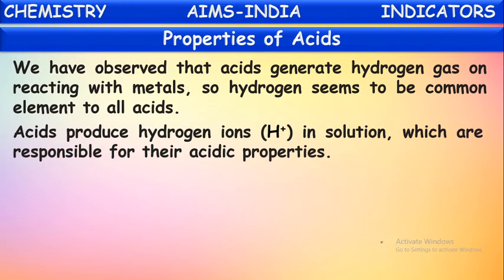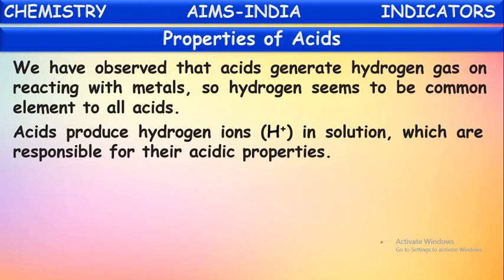Acids produce hydrogen ions in solutions, which are responsible for their acidic properties. As we told, these acids have hydrogen in common. So when these acids dissolve into water, or form a solution, they liberate H plus ions, or hydrogen ions. For example, if you take hydrogen chloride, HCl, which is an acid, it has hydrogen in it.